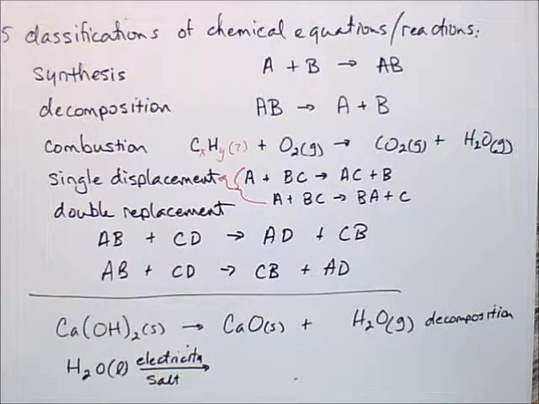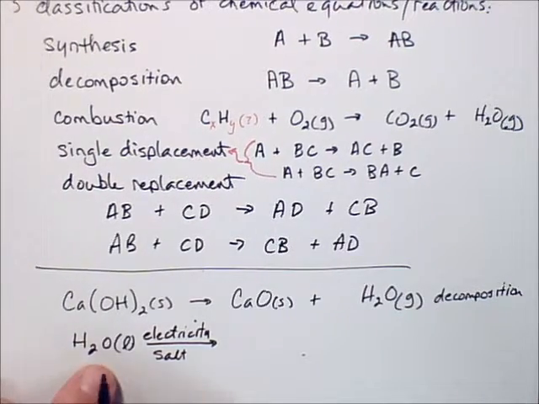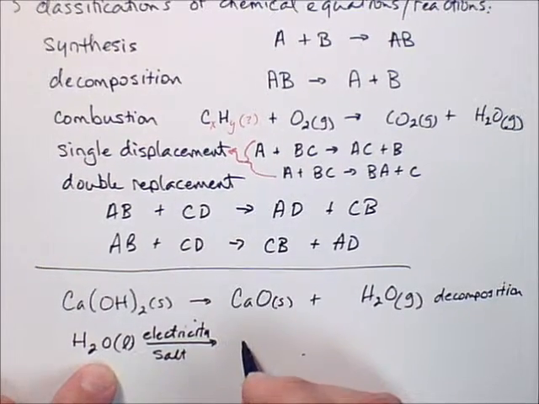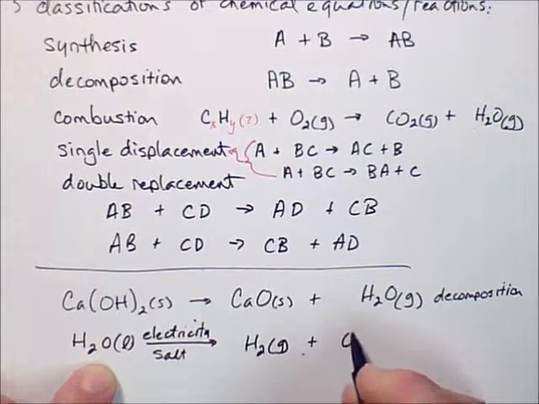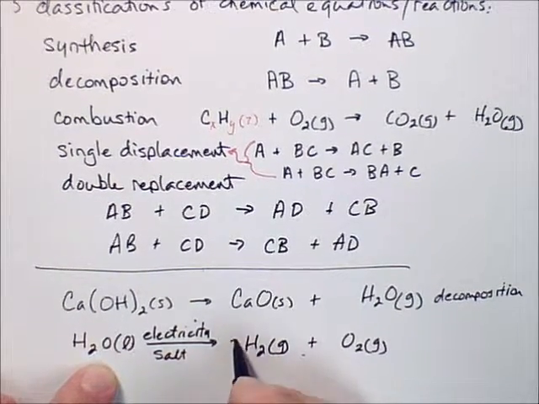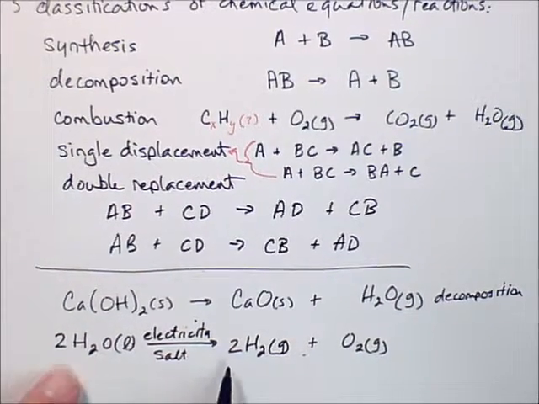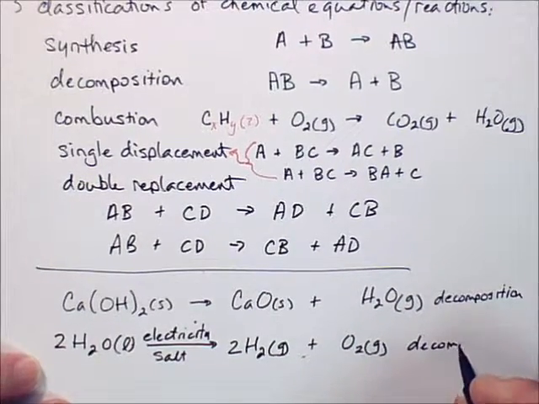We did that in the Hoffman apparatus. We showed you that. It was a demonstration in class. So this broke down into hydrogen gas and oxygen gas. I'm balancing the equation by putting those coefficients there. This is also a form of decomposition.